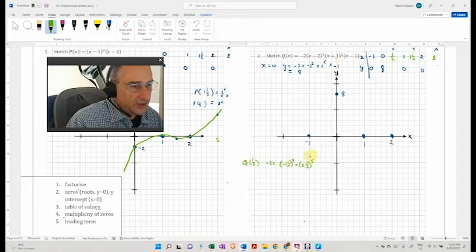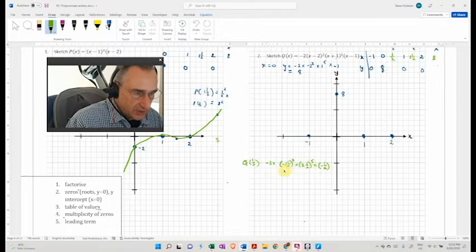You can see it's going to get big very quickly, and x minus 1, a half minus 1 is minus a half. In fact, it's negative times negative, so it's big positive.